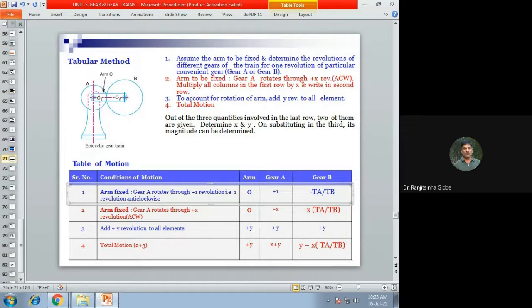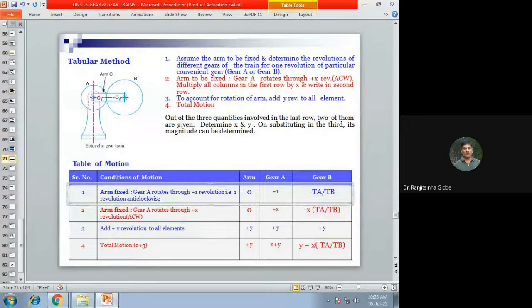Here the arm is going to rotate with plus y revolution, gear A is going to rotate with plus y revolution, and gear B is going to rotate with plus y revolution. That means A, B and the arm are rotated through plus y revolution as a single unit. So that's why here it is written add plus y revolution to all elements.